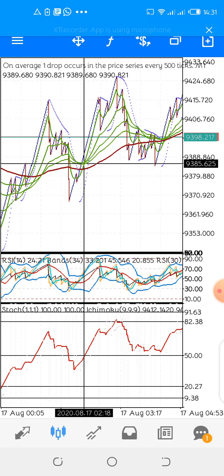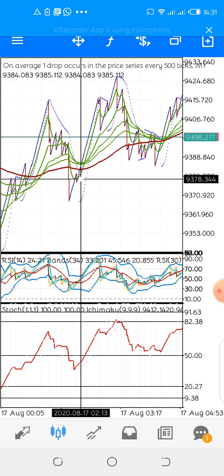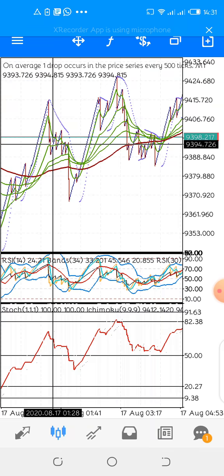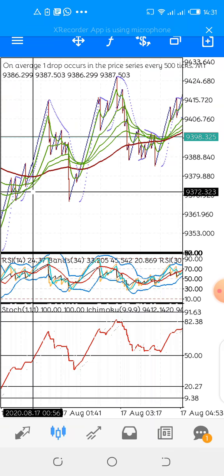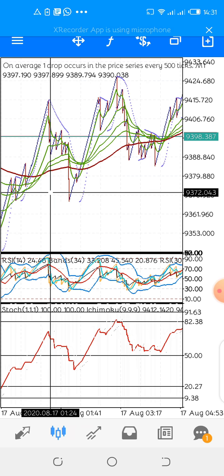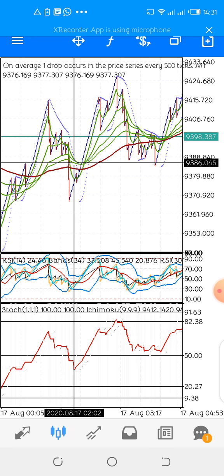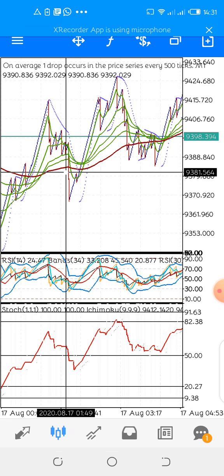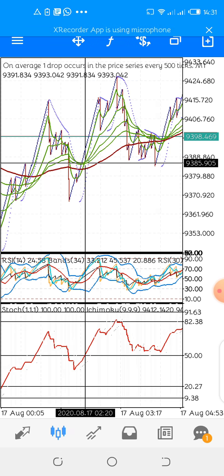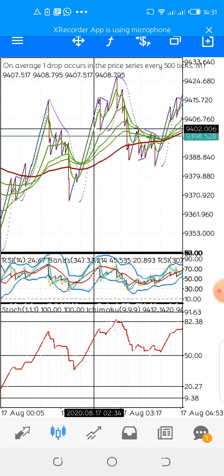Okay, so such a setup, when you compare this point here and here, this was more of middle, but this is more over the bottom. So from this point now, I would start checking the market for up movements.